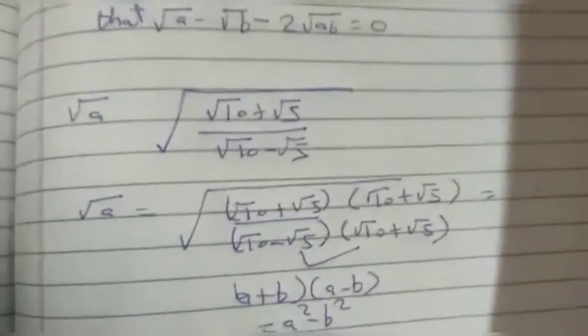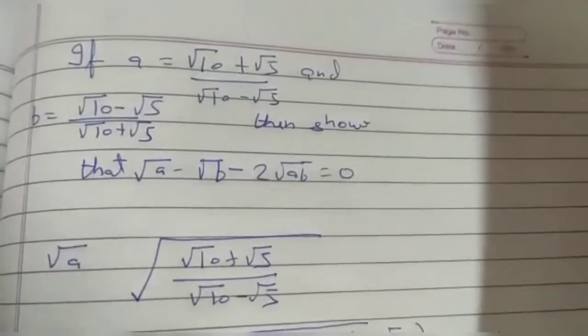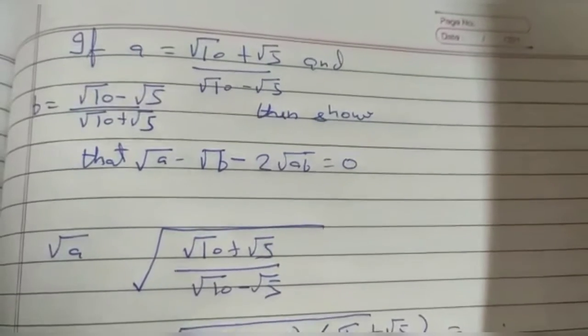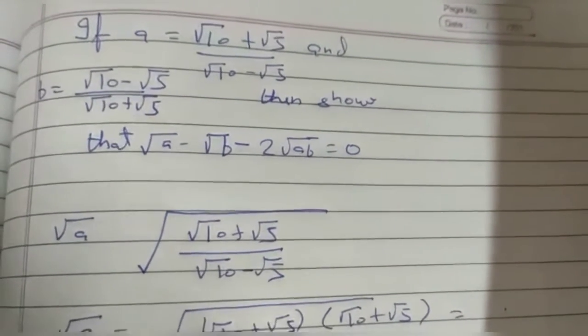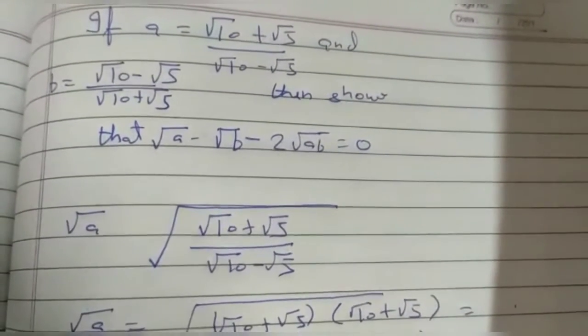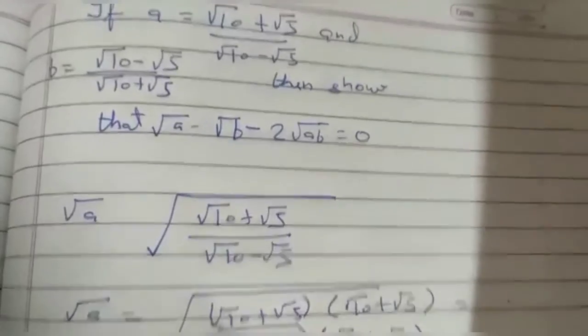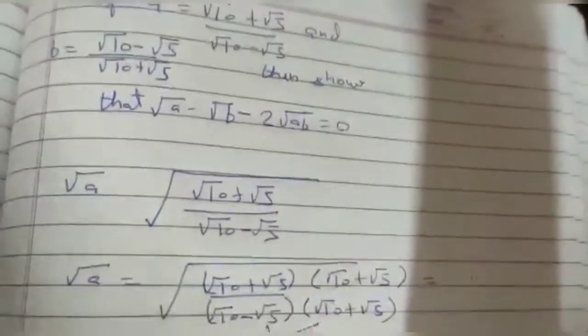Now I will calculate the value of root b as given in the asked question. See, this is the value of root b, root 10 minus root 5 upon root 10 plus root 5. Here I am going to put its value. In this I found the value of root a, which is equation number 1.